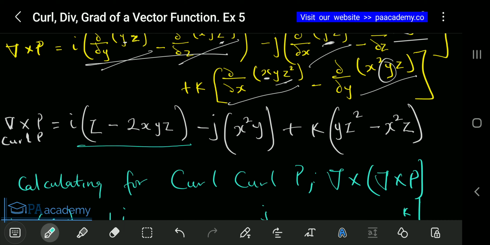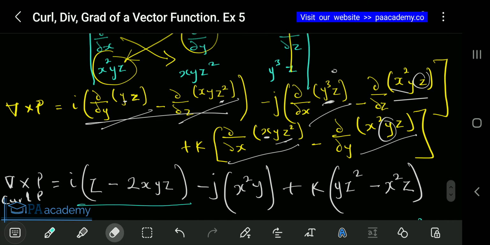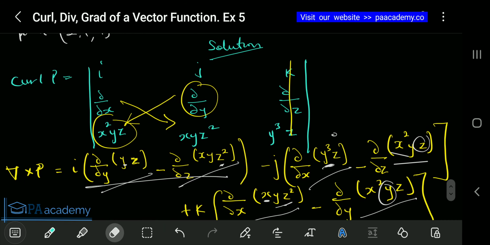All right, so before we proceed, there's a little correction I need to make here. From the question that I'm making reference to, this is y square, not y cube. So you might just need to correct that. So this is y square.